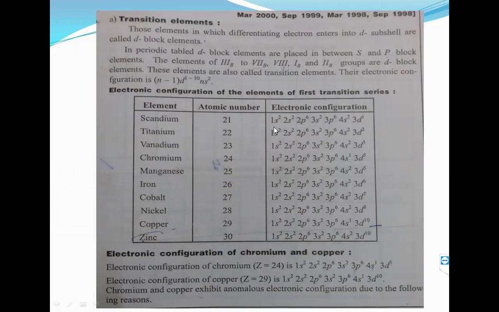At the extreme right side, these are known as the electronic configuration of the elements. See, if you take scandium, atomic number is 21 and the electronic configuration of scandium is 1s2, 2s2, 2p6, 3s2, 3p6, 4s2 and 3d1.